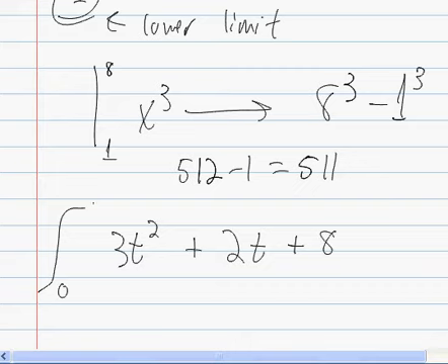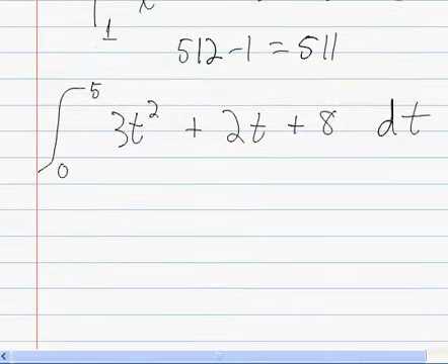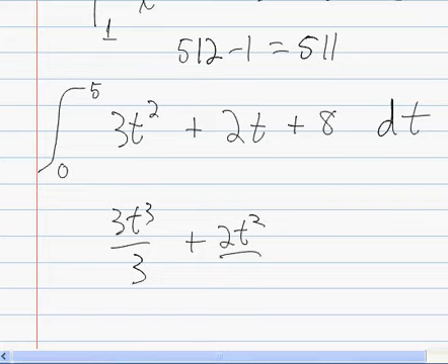Make that dt. I want to point out this dx, then I'm just adding an x to every one of these terms, but we'll try that in a second. So this one here would be 3t cubed over 3 plus 2t squared over 2 plus 8t evaluated from 0 to 5.